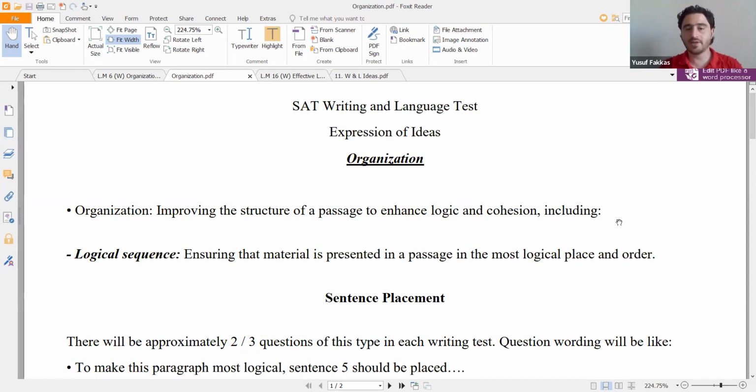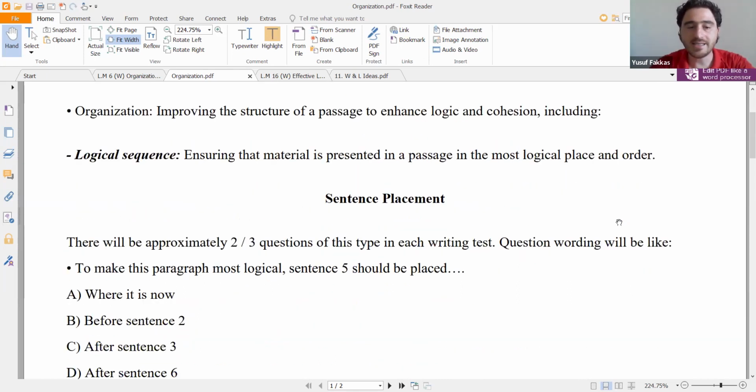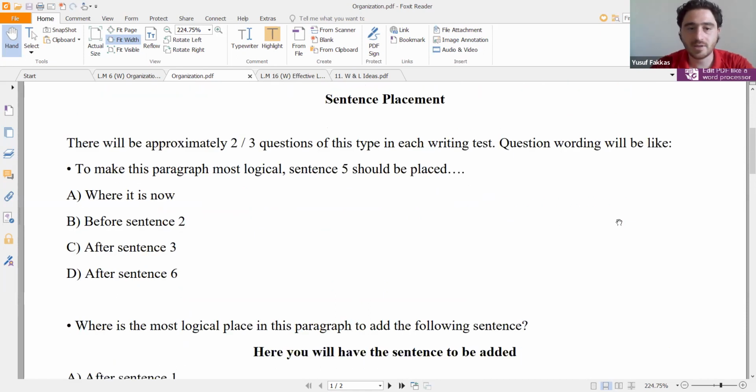Okay, so in the first part of organization, we talked about introductions, transitions, and conclusions. What else do we have? The second point that we have here is logical sequence. Mainly, we're talking about sentence placement. As you can see here, we have different ways of how they ask the question, but at the end, it's all the same thing.